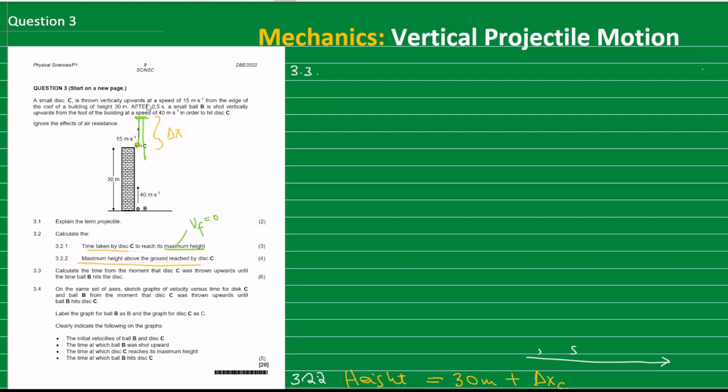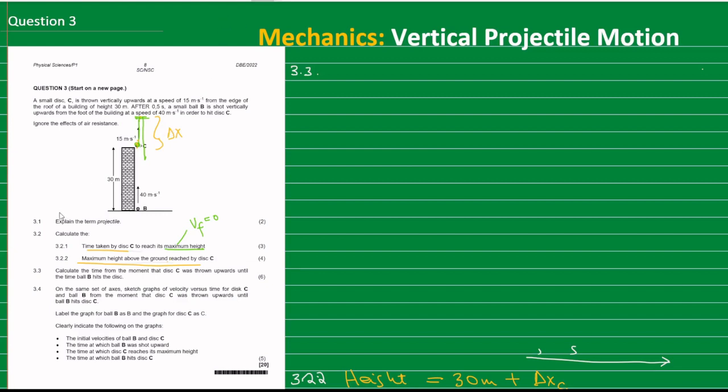Ball B was thrown 0.5 seconds after ball C had been thrown. There are many options that we can take here, but I am going to take the ground as my reference point.